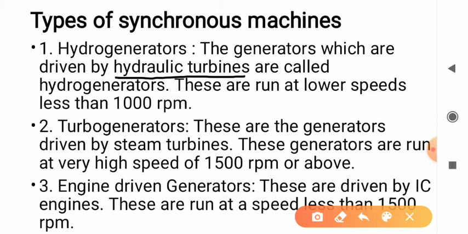Turbo generators are steam driven, high speed generators which usually rotate above 1500 rpm. Engine driven generators are driven by IC engines and run at a speed less than 1500 rpm.